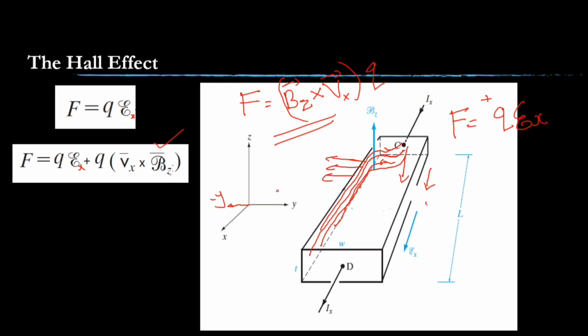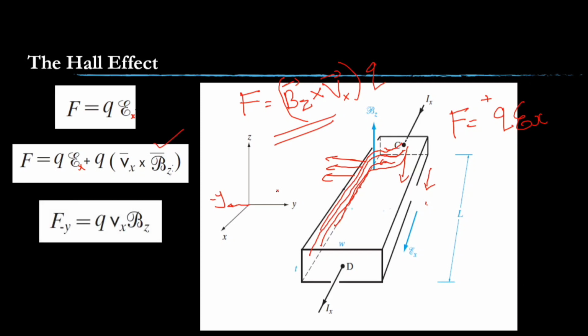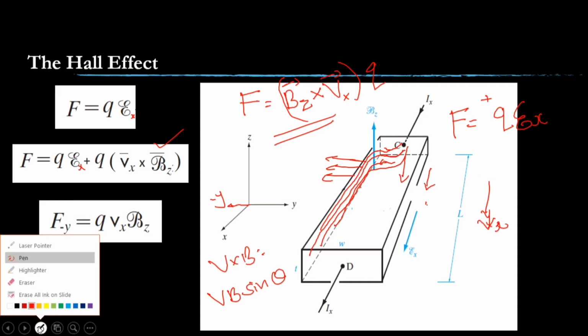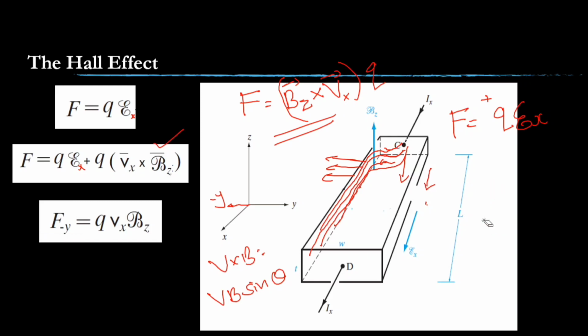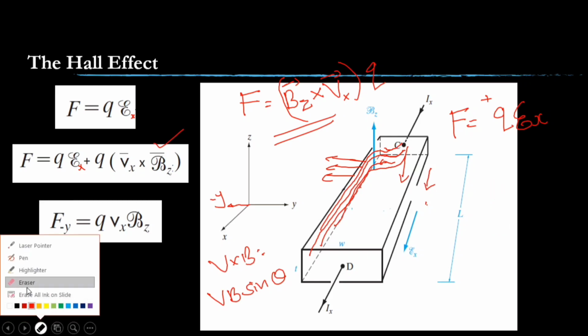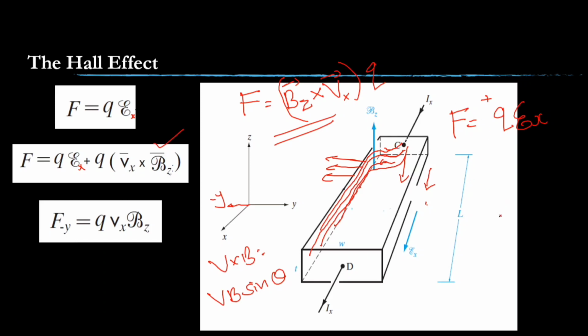Now, what is next? This is the total force. V cross B is equal to VB sin theta. All these vectors are orthogonal to each other, that means perpendicular to each other.